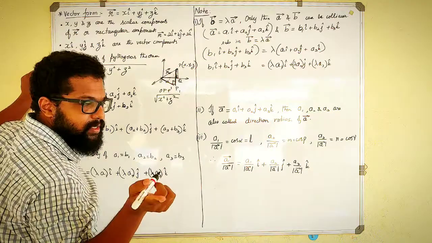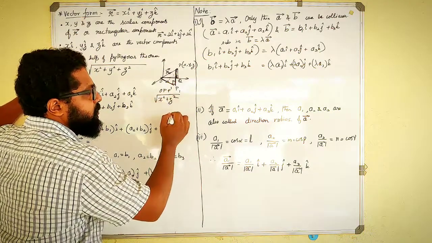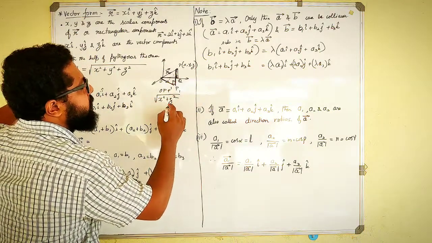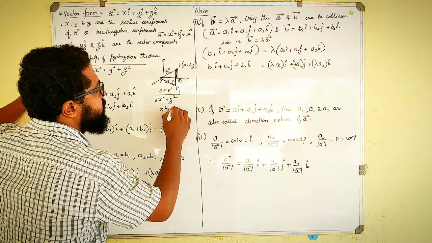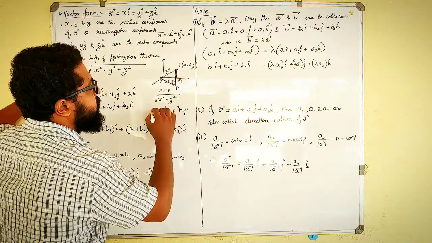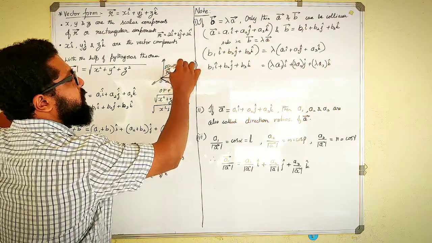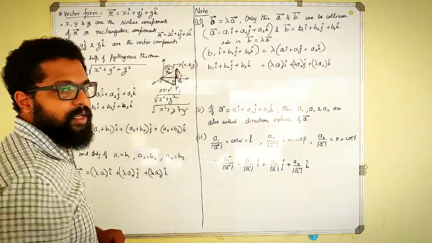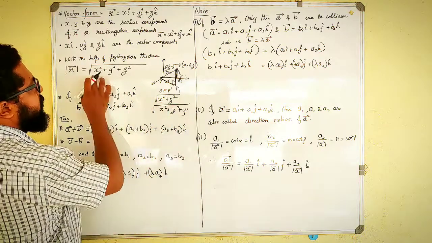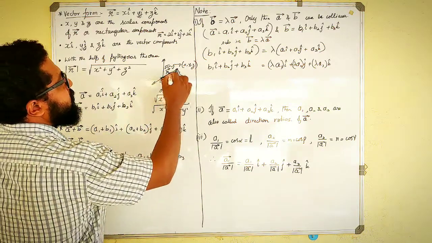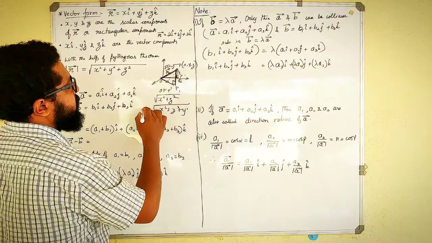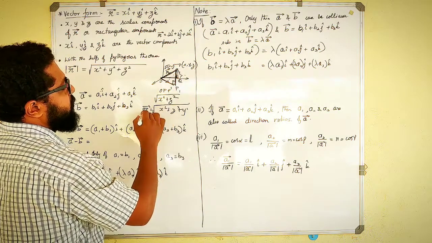Then we get another equation, x square plus z square plus y square. When you add them up, you will get the length of OP, the OP vector or R vector.